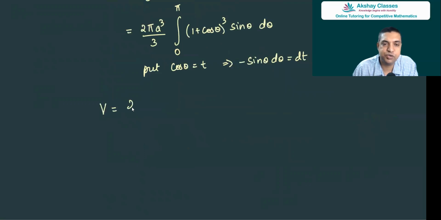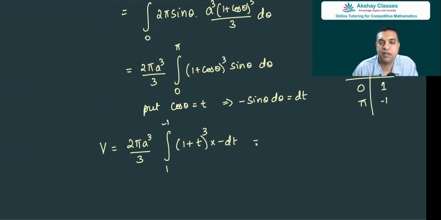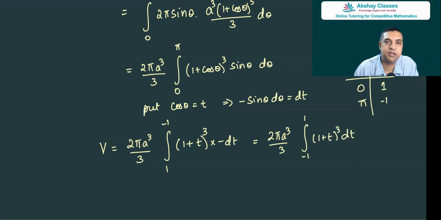So we have 2 pi a cubed upon 3 integral 1 to minus 1, (1 plus t) the whole cubed, and sine theta d theta will be minus dt. So this minus will change the limits of integration.